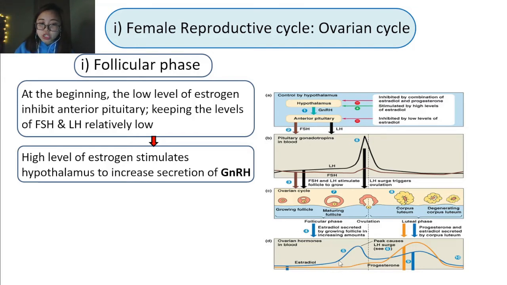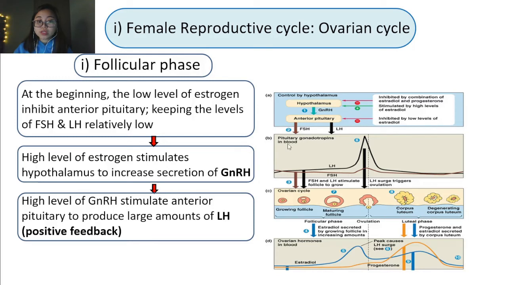Sebaliknya, bila estrogen cukup banyak, dia akan menggalakkan hypothalamus untuk menghasilkan lebih banyak lagi GnRH. So, the high level of GnRH will stimulate the anterior pituitary to produce large amounts of LH. Okay? So, at this point, there will be more and more LH. So, when one thing becomes more, another thing also becomes more. That is called positive feedback.